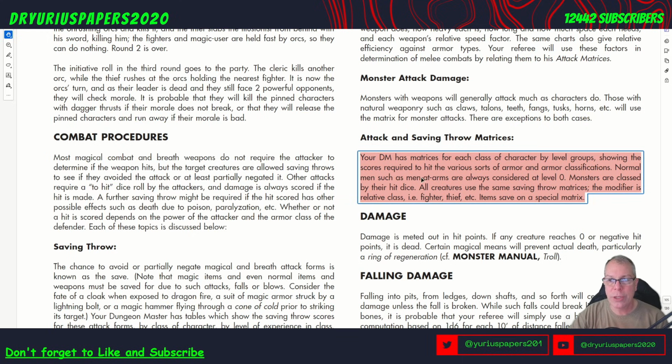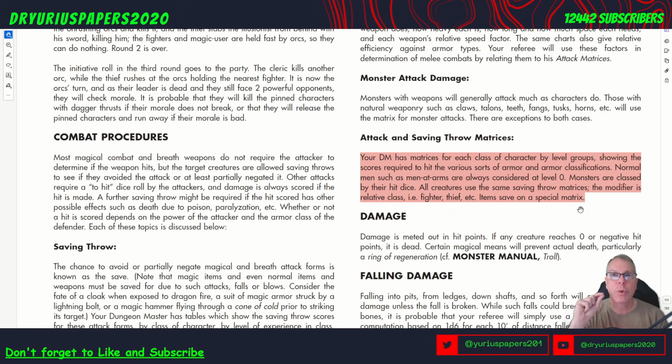Normal men, such as men-at-arms, are always considered at level 0. Monsters are classed by their hit dice. All creatures use the same saving throw matrices. The modifier is relative to class, that is, fighter, thief, etc. Items save on a special matrix. And again, these matrices, those tables, do not exist in this book.